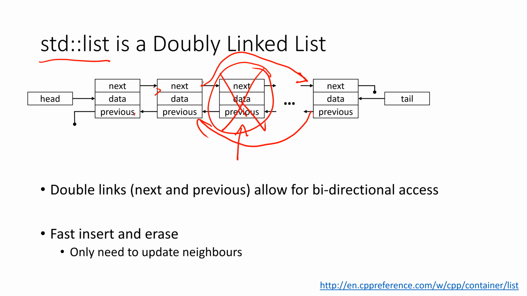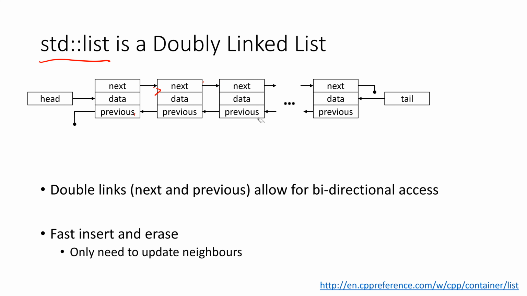So erase is very fast. There's another function called insert that puts a new element in right after an iterator. So that's also fast, okay? So what is the strength of list? It's really fast at erasing in the middle and inserting in the middle, whereas vector is slow. Does that make sense to everybody? Okay.